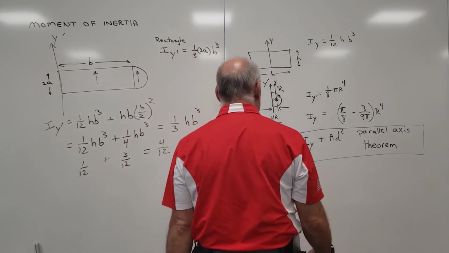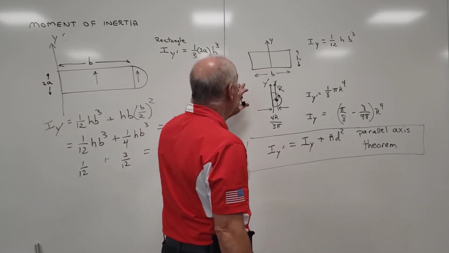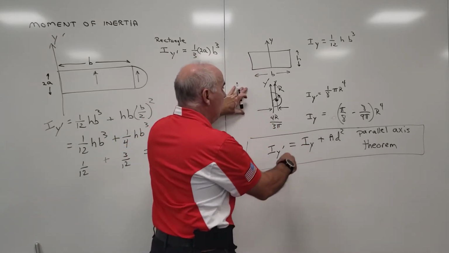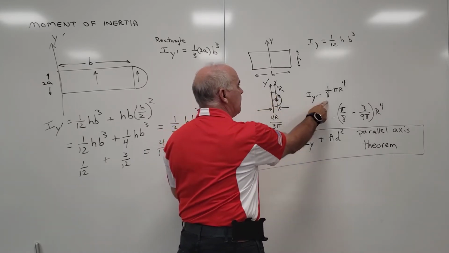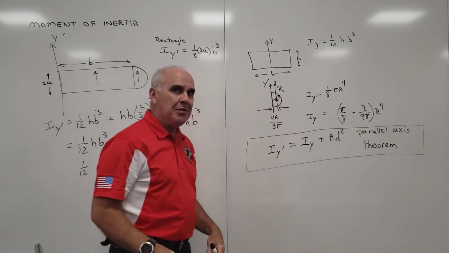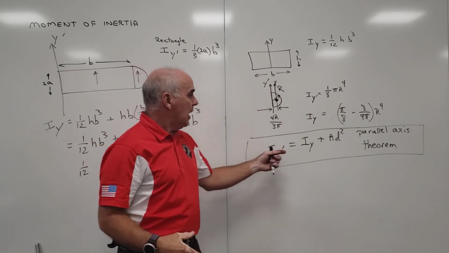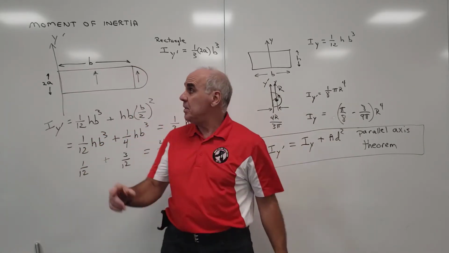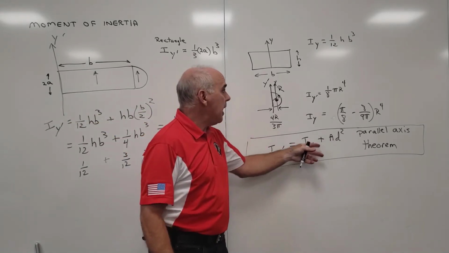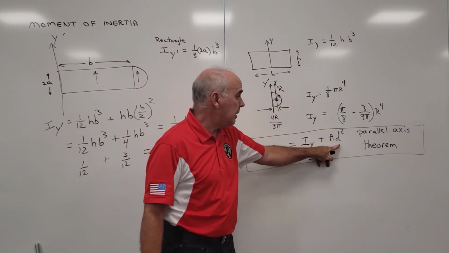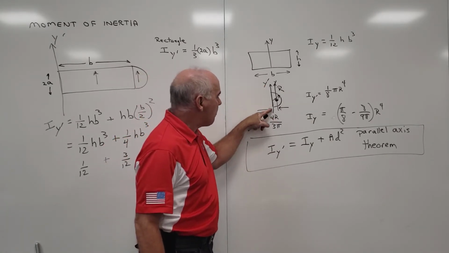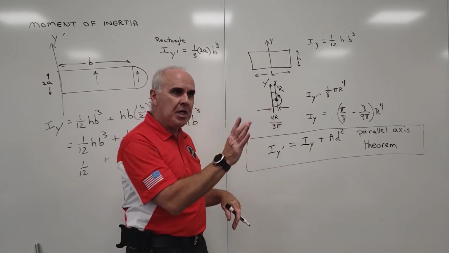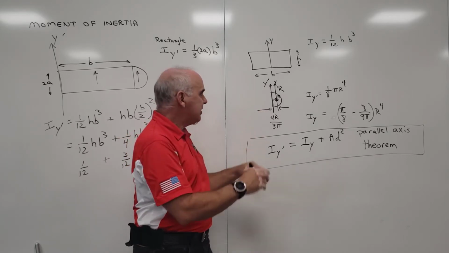All right, so for the semicircle, I go to the book, and it says the moment of inertia of a semicircle about the end is 1/8 pi r to the 4th. Well, that would be pretty nice, because then I would add in the area of the semicircle times b squared, where d would just be this distance b. It doesn't work that way, because y prime here is the moment of inertia about an axis on the edge.